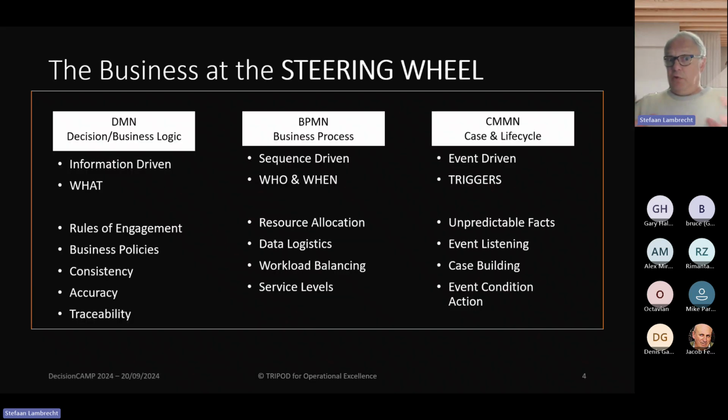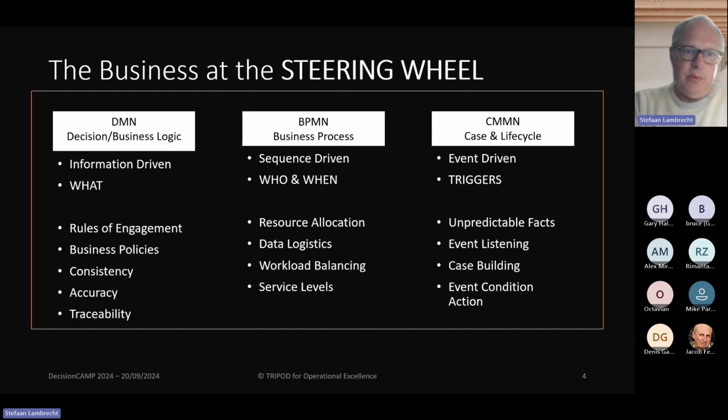And in order to do that, we need to first determine and define what each of these approaches will support. If we look at it, DMN is used to handle all the decision and business logic behind this. So everything that needs to be decided in terms of business logic is done by a decision engine.